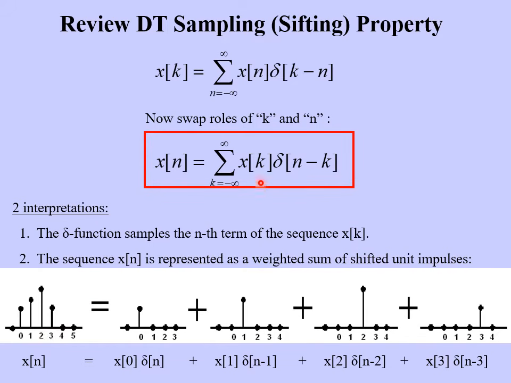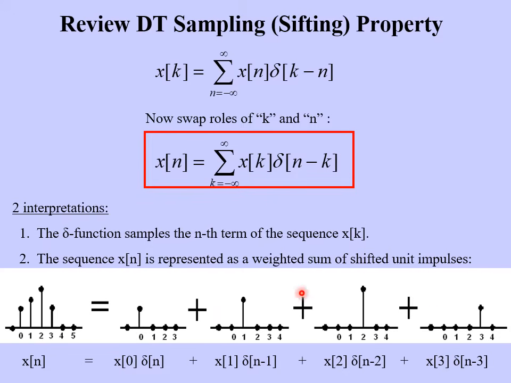Well, basically what this is saying inside the red box is that let's say we have some sequence x of n that looks like this. We can think of x of n as broken apart into all of its individual values and added together. So, this first value is shown right here. The second value is the second term. The tall one right here is the third term, and then finally the fourth one over here.